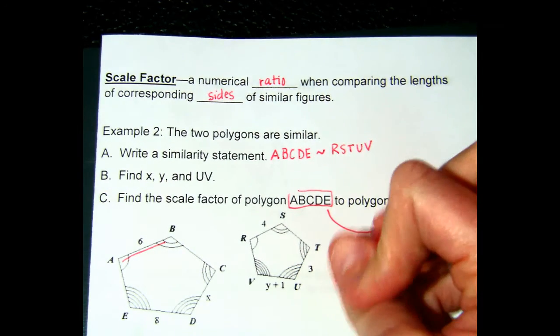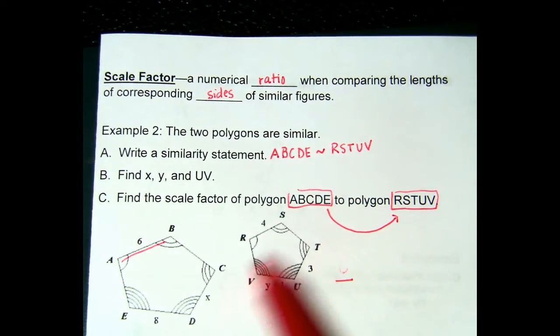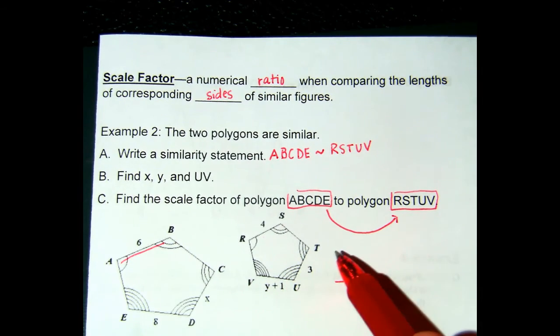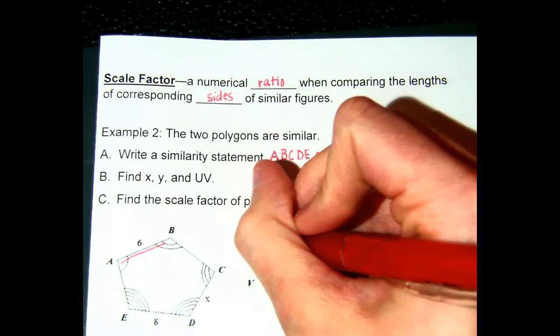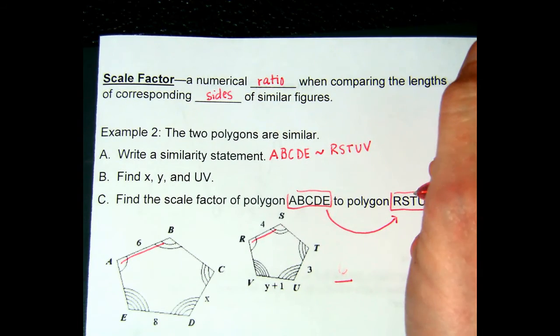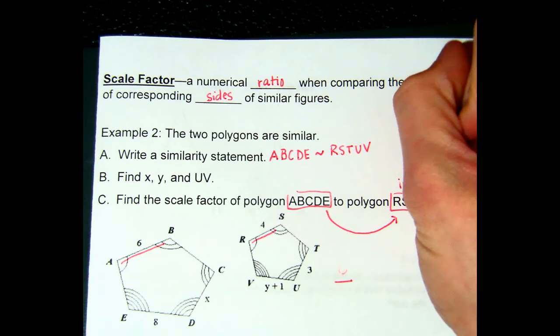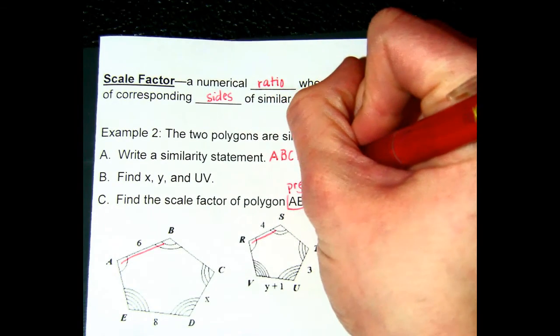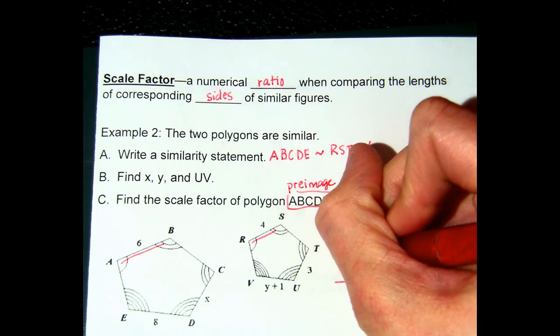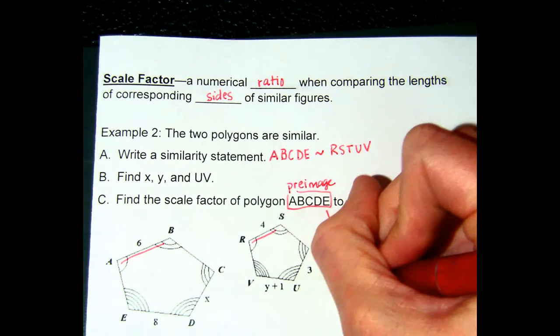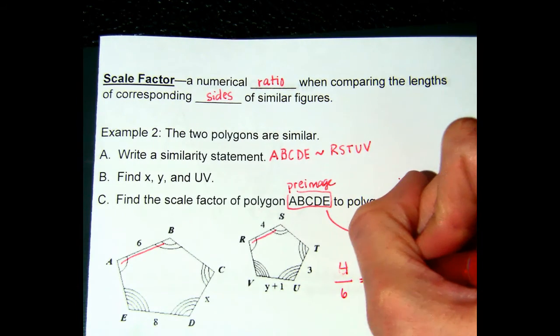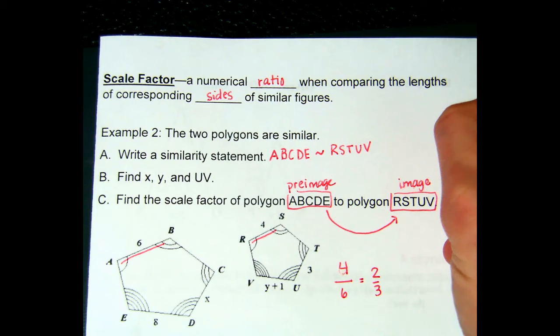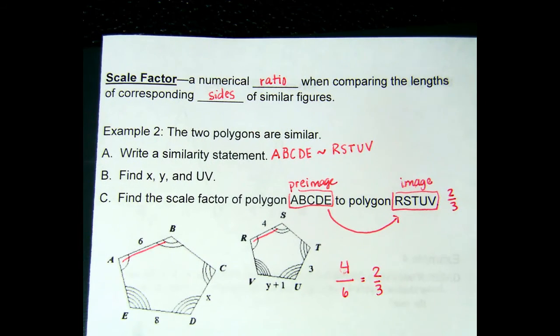We are going to go from larger to smaller, which means we should have a number that is less than 1, not larger than 1. We talked about this not too long ago, we have the image, we have the pre-image. That's how we're going to set up our fraction: image 4 over pre-image 6. And that reduces to 2/3. Therefore, that is our scale factor. We are then going to go back up and do letter B. Having a scale factor is going to help us do that.